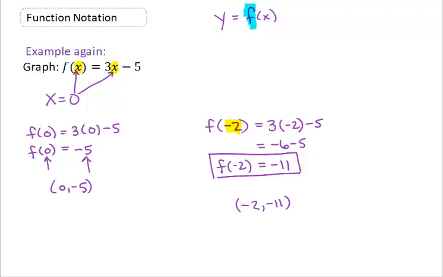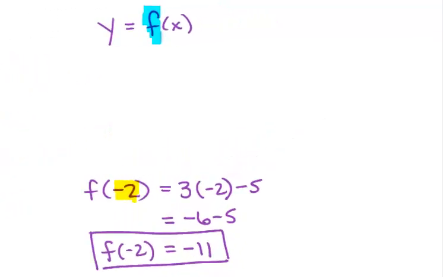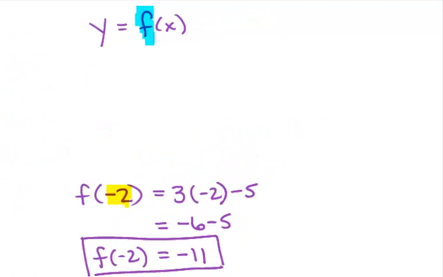Now, the question is why did they use f of x? And the reason that they used f was to go along with the word function. So function starts with f, so that's why most of our functions will be represented by the letter f. But f is not the only letter that we see.